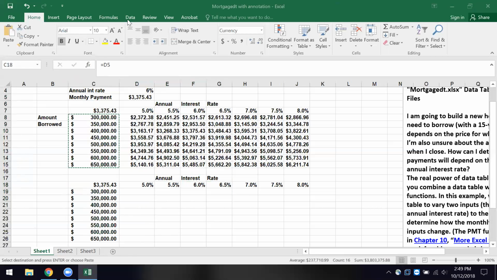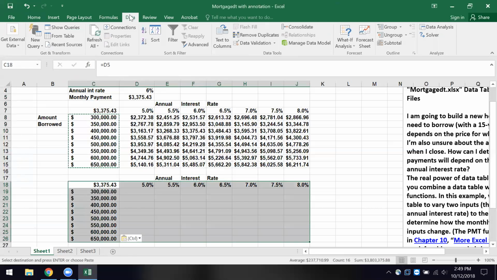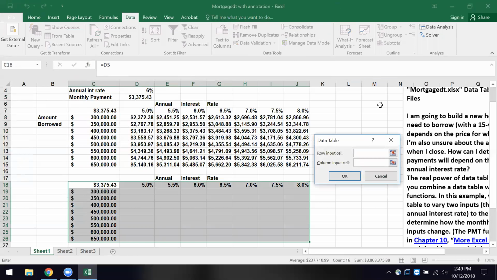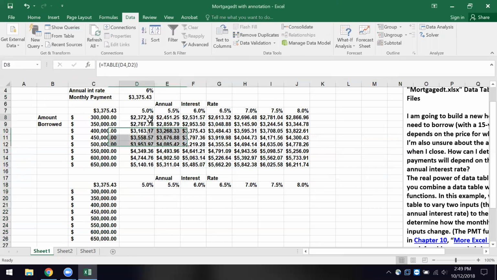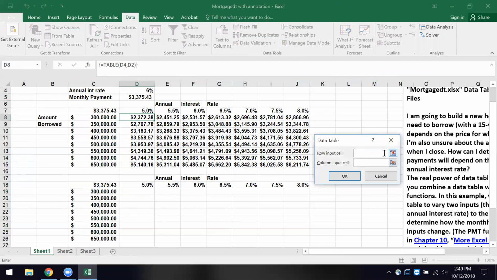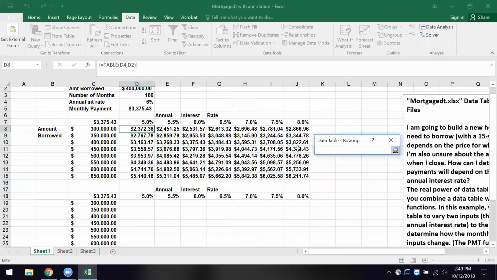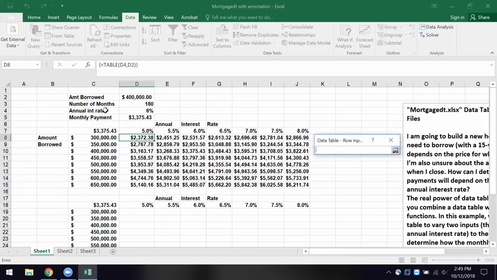And I'm going to click data. And in the what if analysis, I'm going to use the data table. And, oh, I always forget these. I want D4 and D2. I'm sorry. And I want to go up to D4, which is the interest rate, yes.